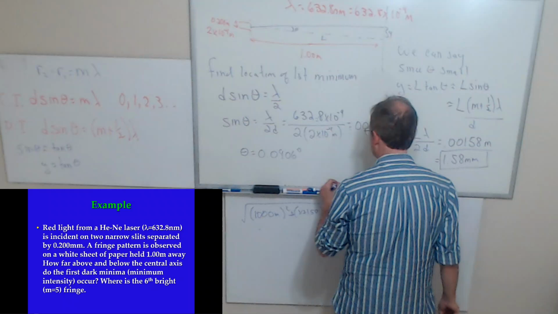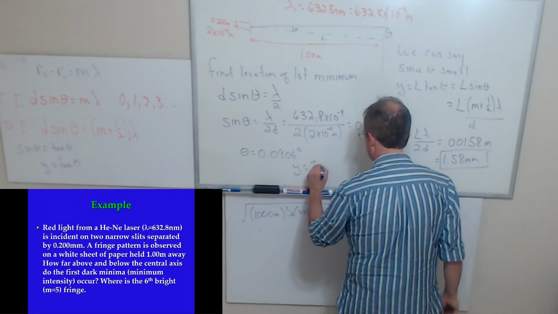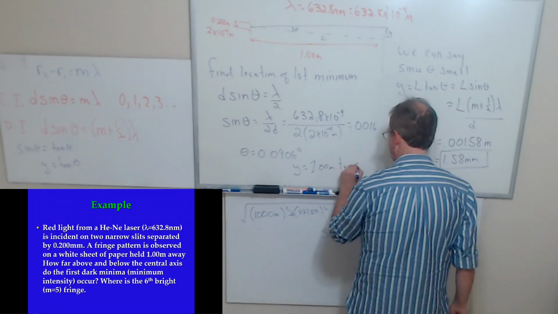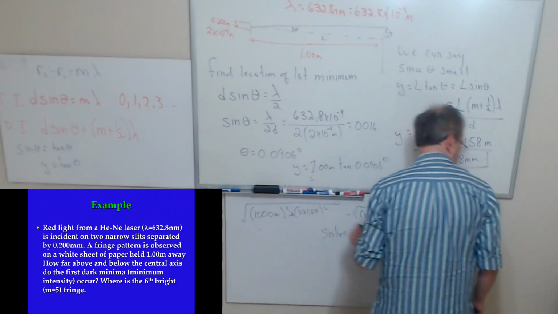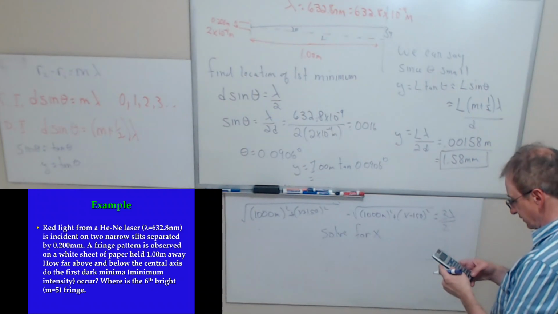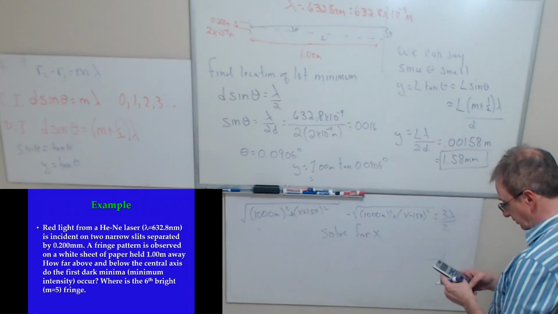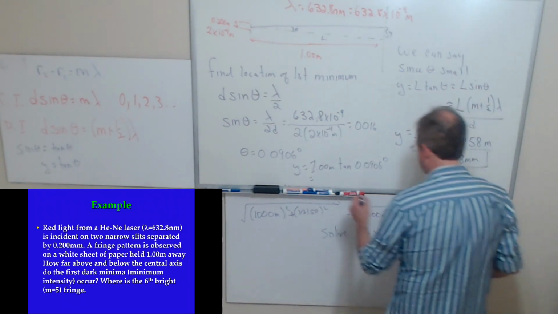I'm going to use this angle, y equals 1 meter times tangent of 0.0906 degrees, just so you get an idea of this. And you get the same answer.